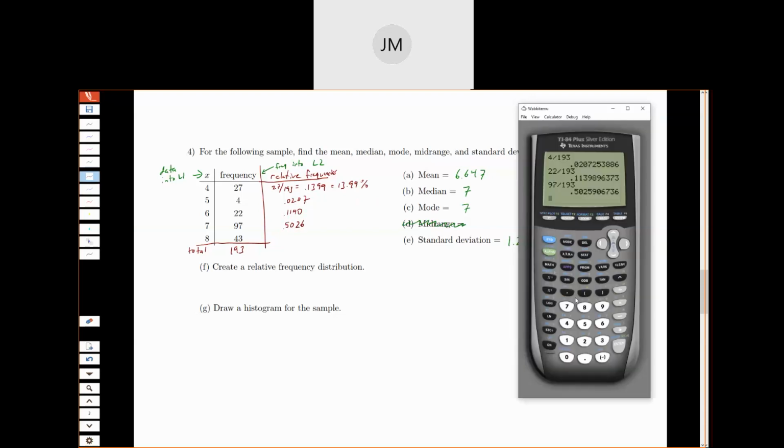Finally, 43 divided by 193, I get 0.2228.